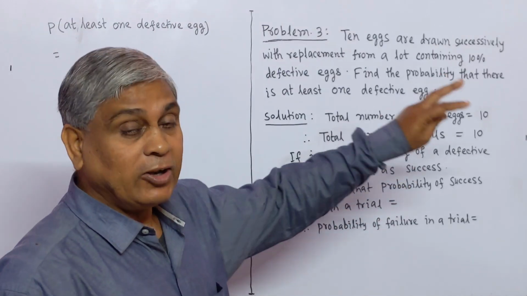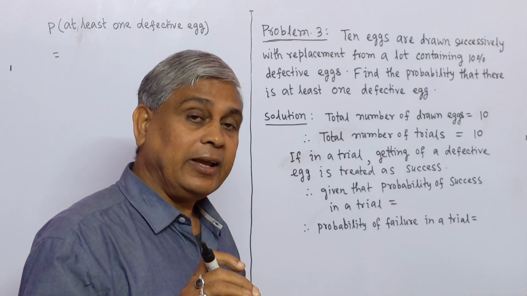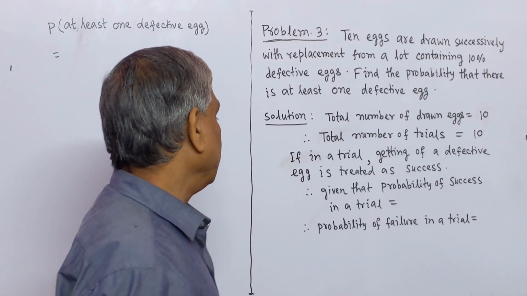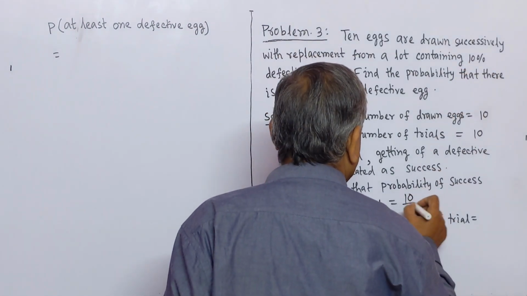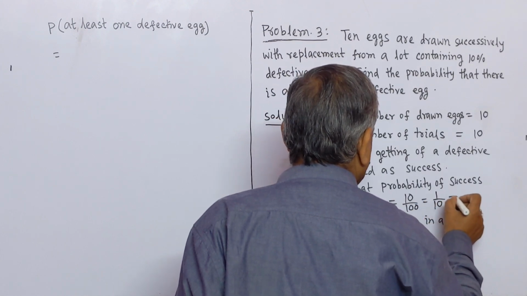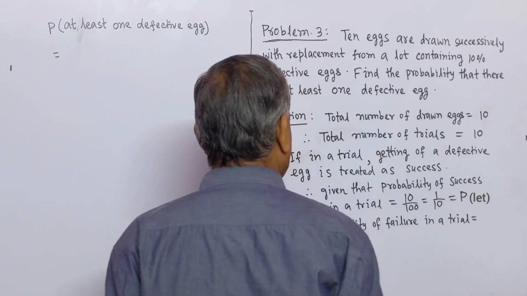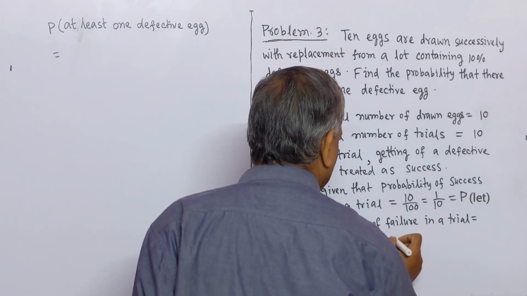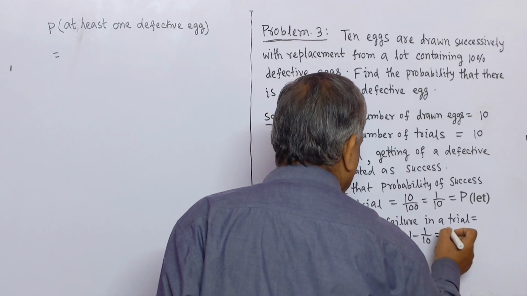Given that probability of success, that is, in a trial getting a defective egg, will be 10%, means 10 by 100, means 1 by 10. Let this be P, probability for success in a trial. Therefore, probability of failure in a trial equal to 1 minus P, that is 1 minus 1 by 10, this is 9 by 10.